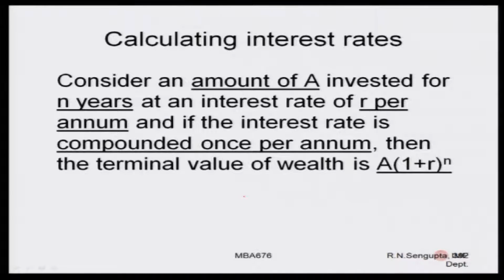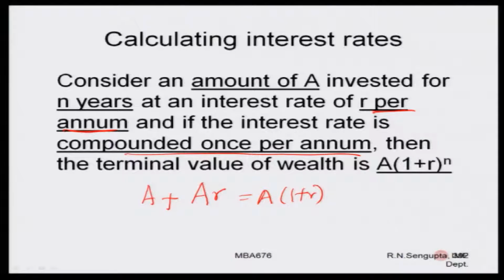This is the point I have been talking about: this is the per annum percentage and this is being compounded per annum. The amount of money you had initially is A, so the interest would be A into R. The actual amount you will get is A, which is already there, plus the interest, so you will have A(1+R).